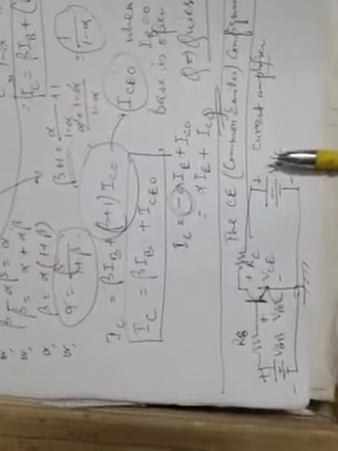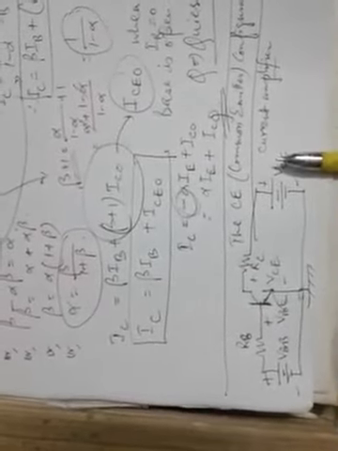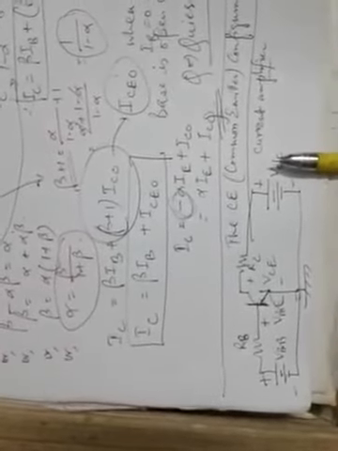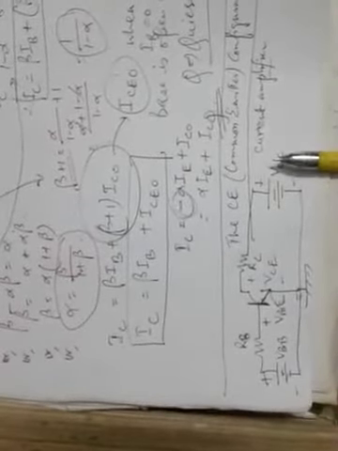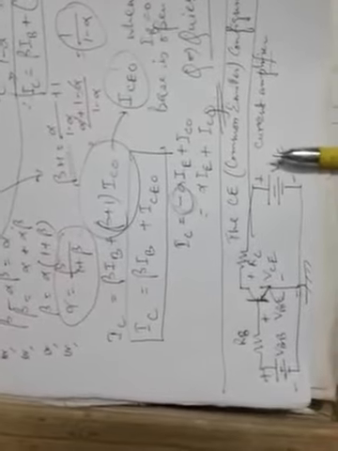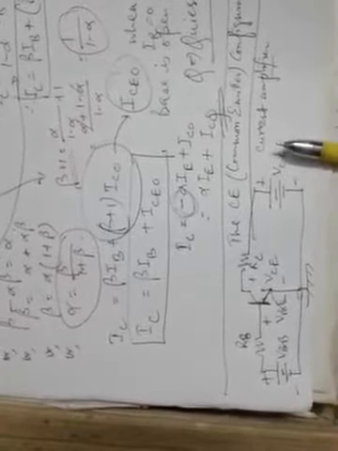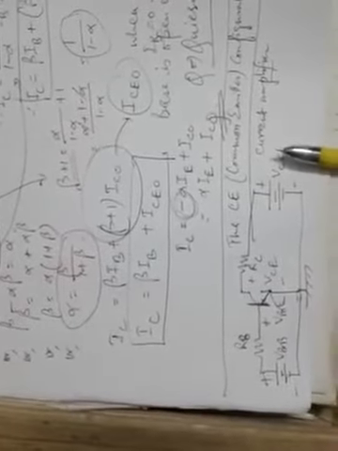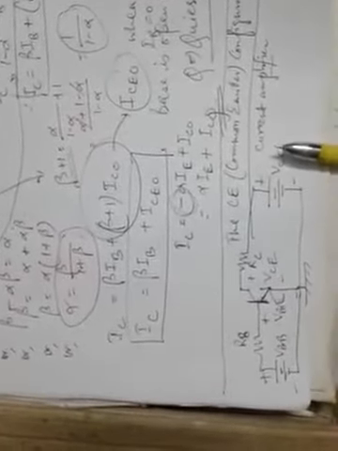The supply voltage VCC will reverse bias, or else the transistor won't work properly, because for the emitter base junction we need forward biasing, and for the collector base junction we need reverse biasing for normal operation of BJT.